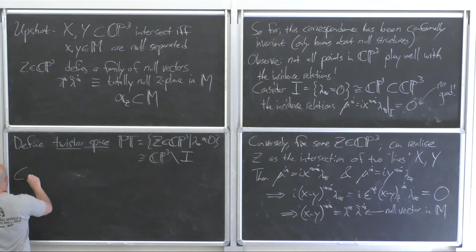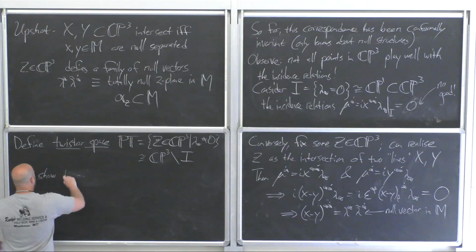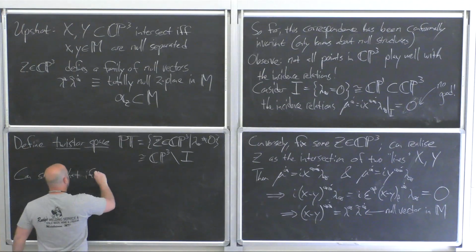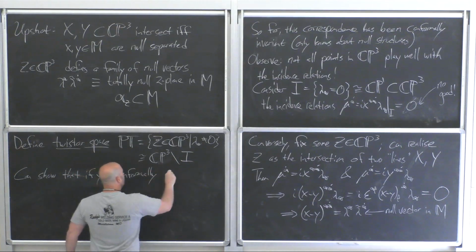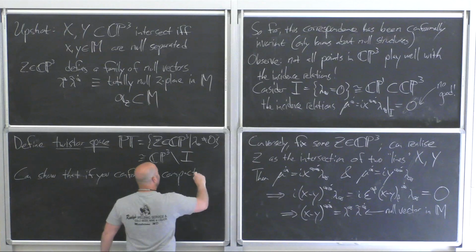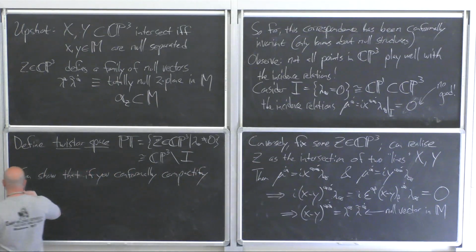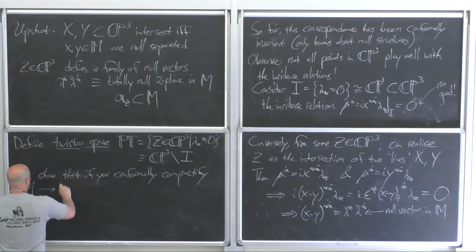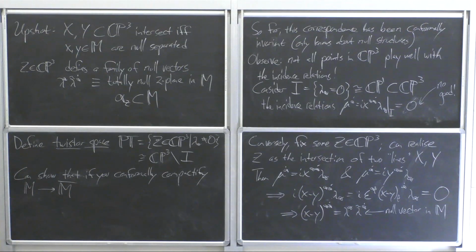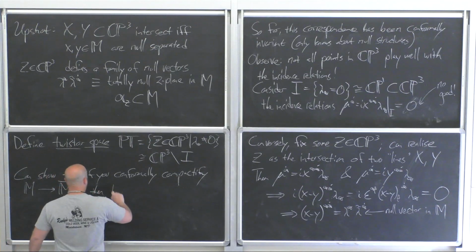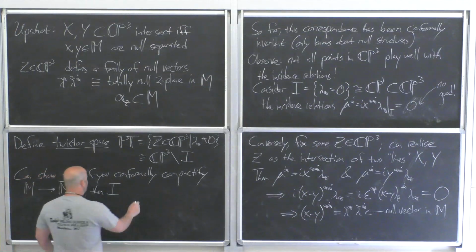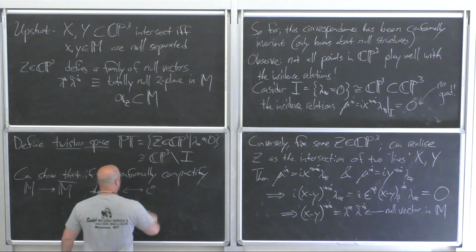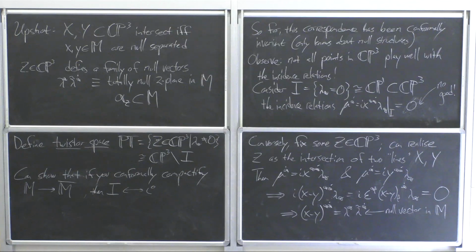But it can be shown that if you conformally compactify complexified Minkowski space to some conformal compactification M bar, then this line that we've removed from CP3 corresponds precisely to the point at spatial infinity in that conformal compactification.